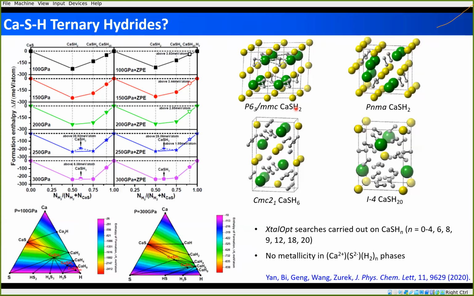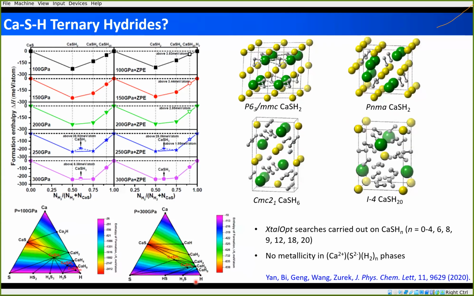They're insulators or semiconductors, and they can be understood in terms of calcium sulfide, which is Ca2+ S2-, so some sort of ionic system with a gap, and hydrogen or H2 stuck into it in some ratio. So these aren't going to be promising for superconductivity.